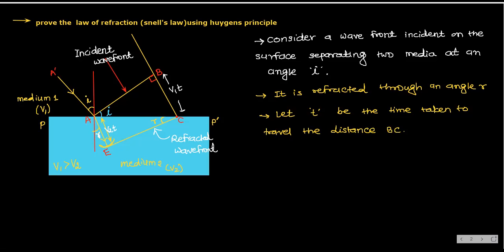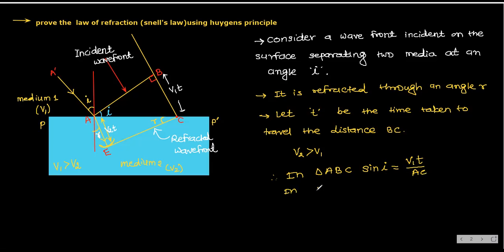Now, as we know, V2 is greater than V1, and therefore in triangle ABC, sine of I is equal to BC by AC, right? BC by AC. So BC is equal to what? Here V1T. So therefore, directly I am writing V1T by AC.